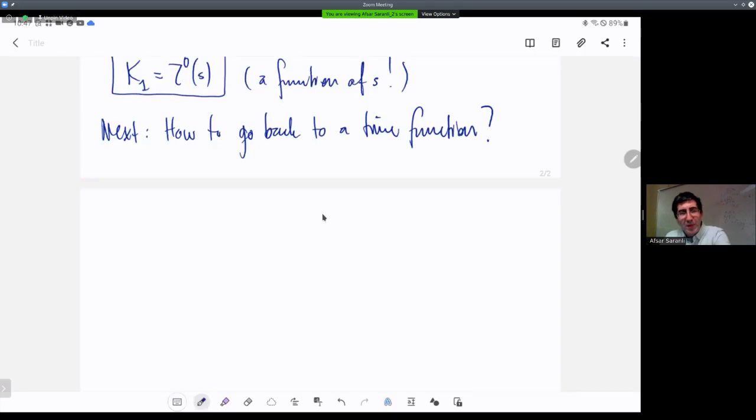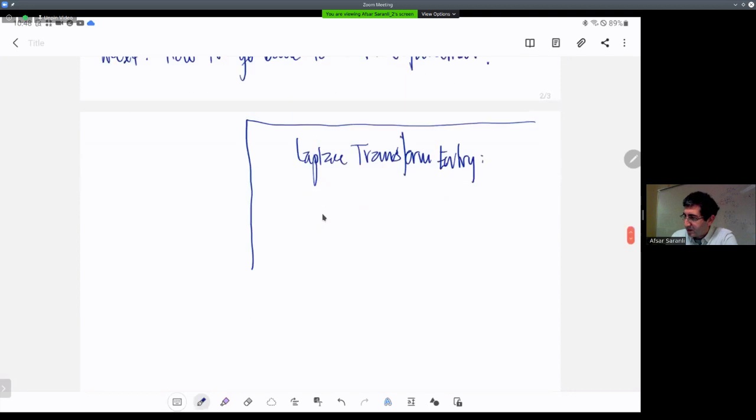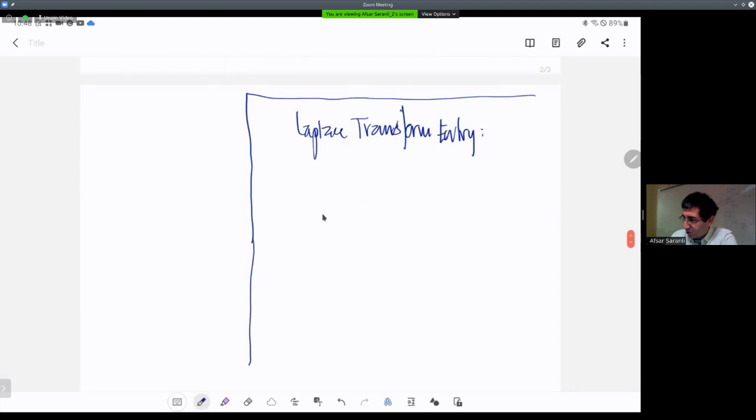In order to go back to the time function, unfortunately, we need to consult some Laplace transform entries. Okay, so if we look at a specific Laplace transform entry, and I'm going to make this kind of a side note.